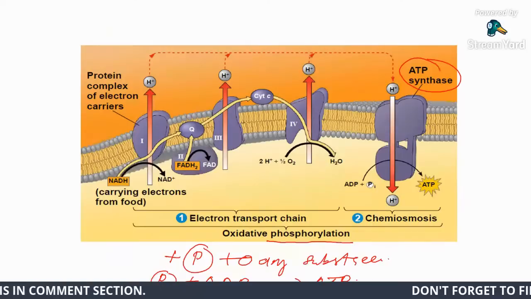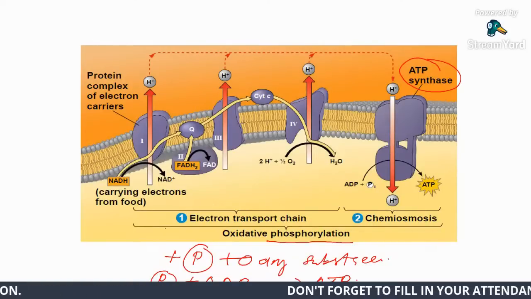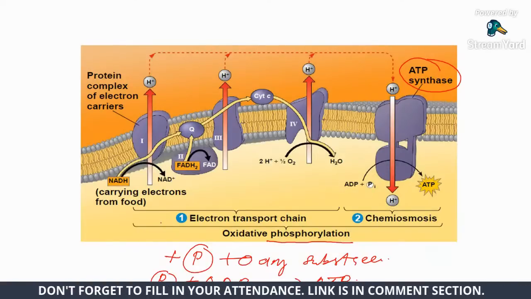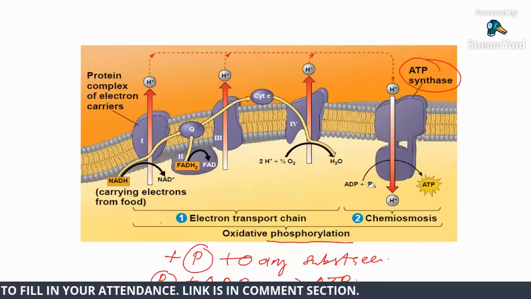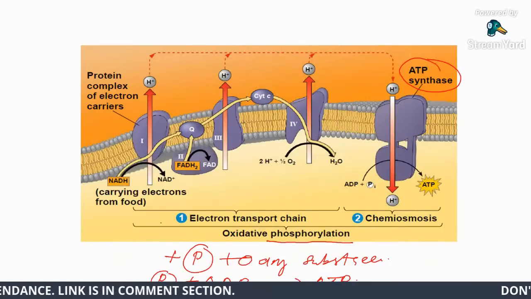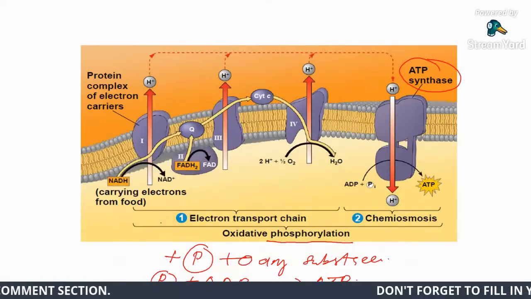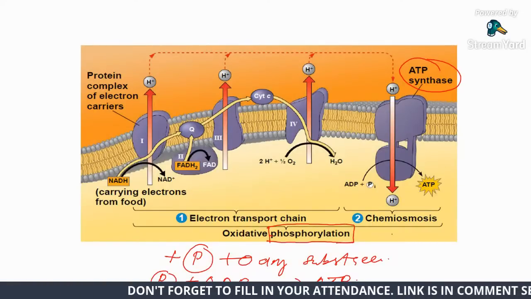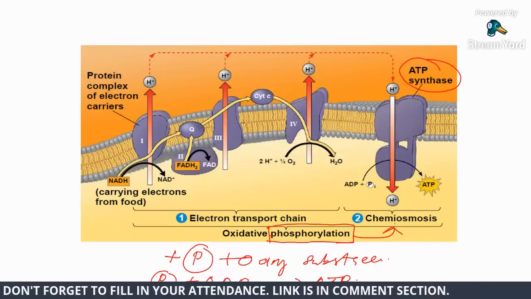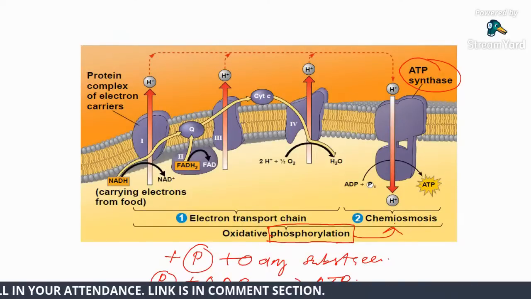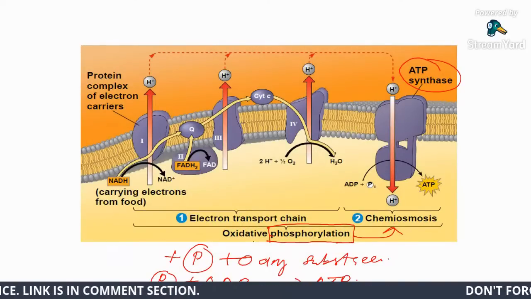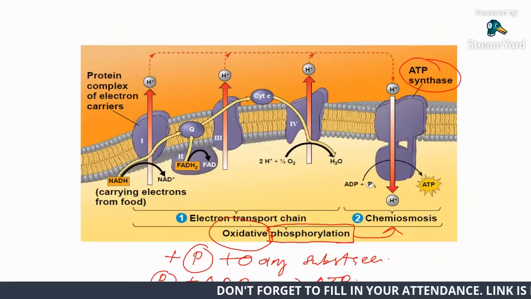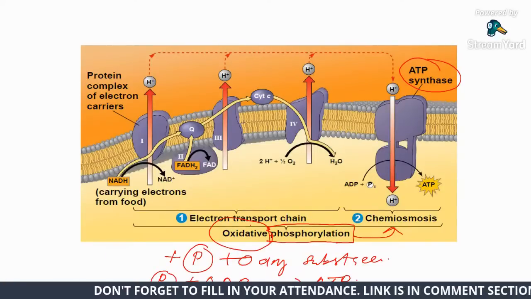Right? So in oxidative phosphorylation, to form ATP, we divide this process into two: electron transport chain and chemiosmosis. So why do we call it oxidative? Basically phosphorylation happens at the chemiosmosis stage because we add a phosphate group to ADP. Now where does the oxidative part happen? Oxidative refers to the redox reaction, oxidation and reduction.